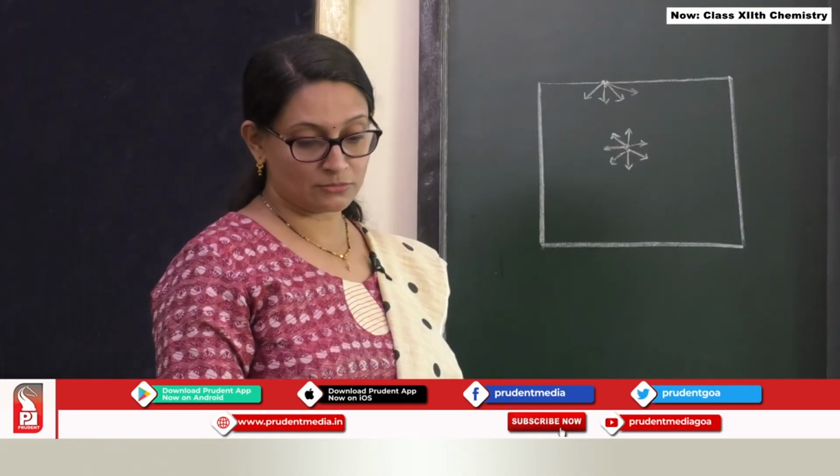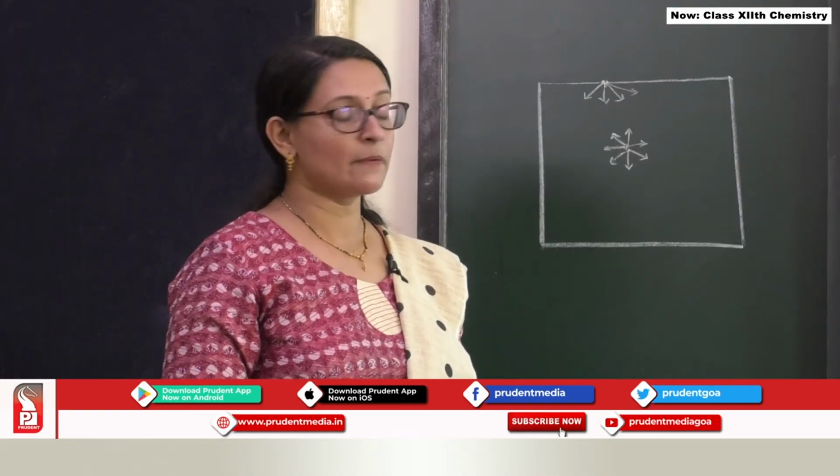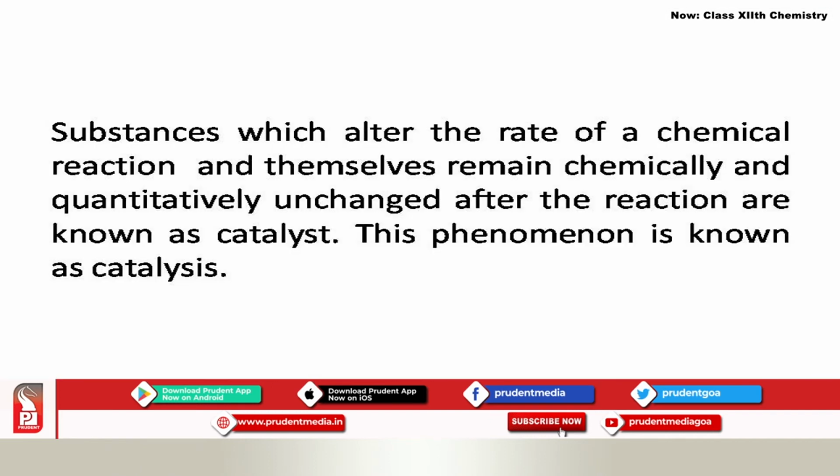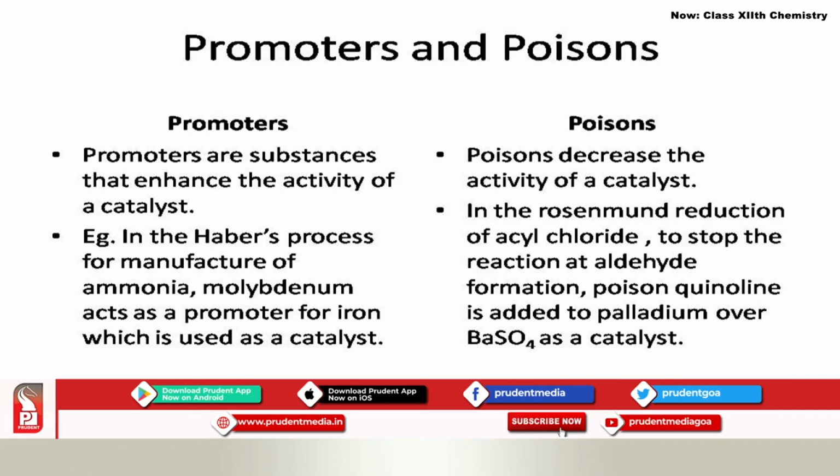So, as per our earlier discussion, what is the definition of catalyst? Substances which alter the rate of a chemical reaction and themselves remain chemically and quantitatively unchanged after the reaction are known as catalysts. And the phenomenon which involves the use of catalyst is called catalysis.